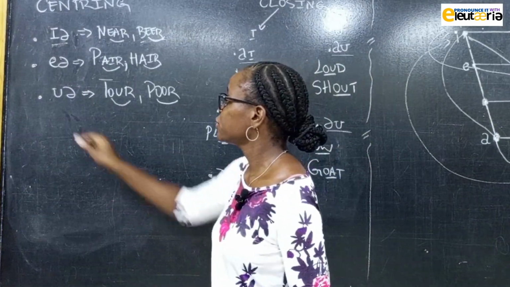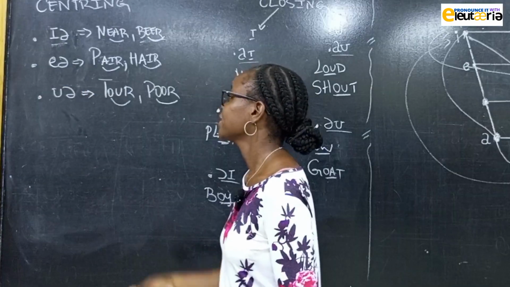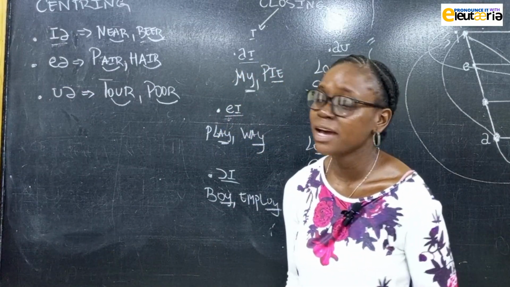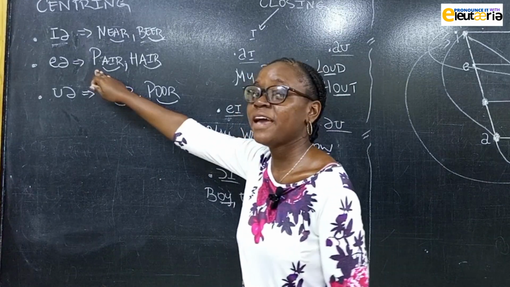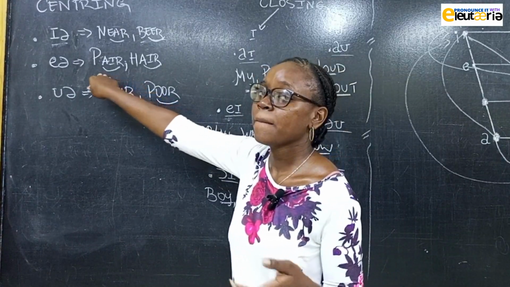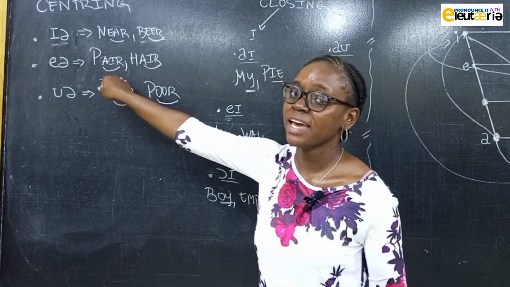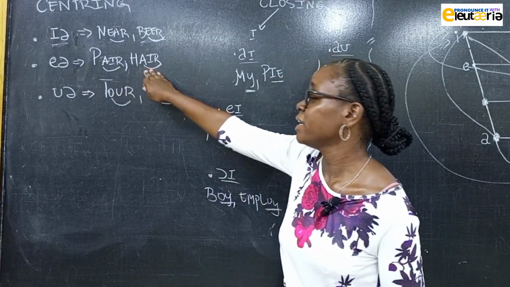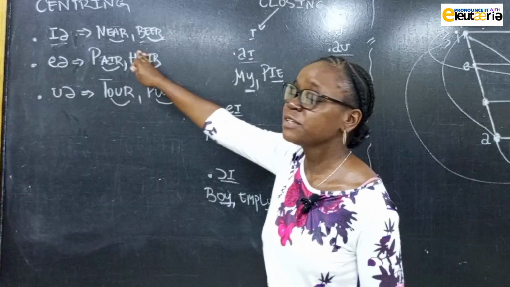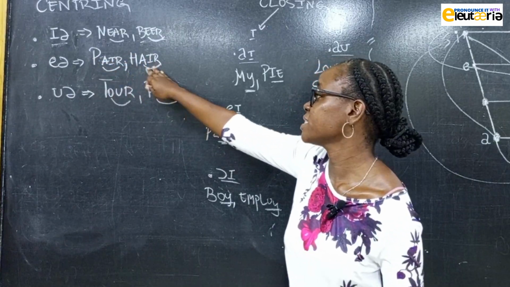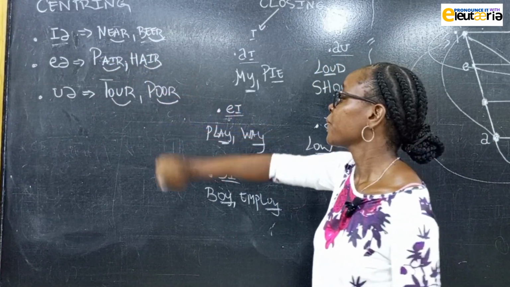Let's now move on to the diphthong air. We find the diphthong air in words like pear. You see, pear. After the consonant pa, we find the sound air in this word. And here we have hair. After the consonant ha, we find the sound air.